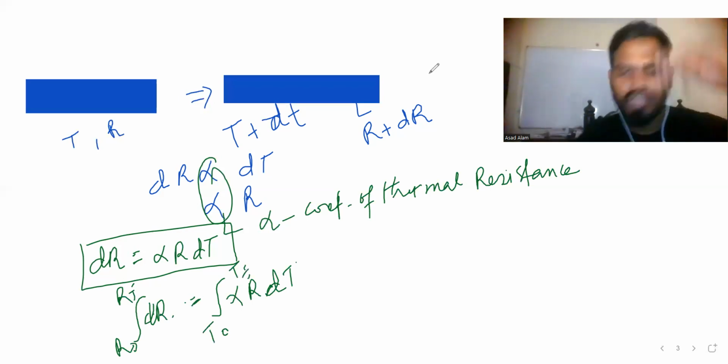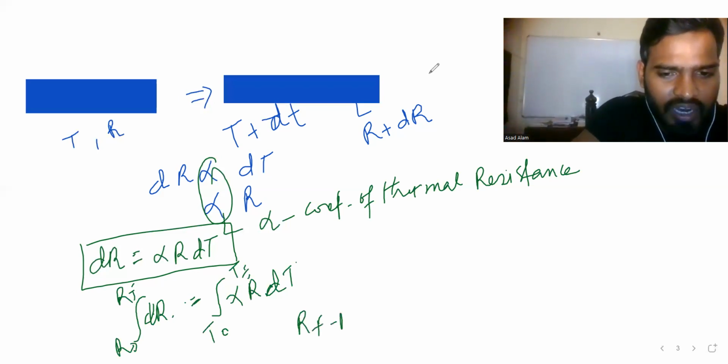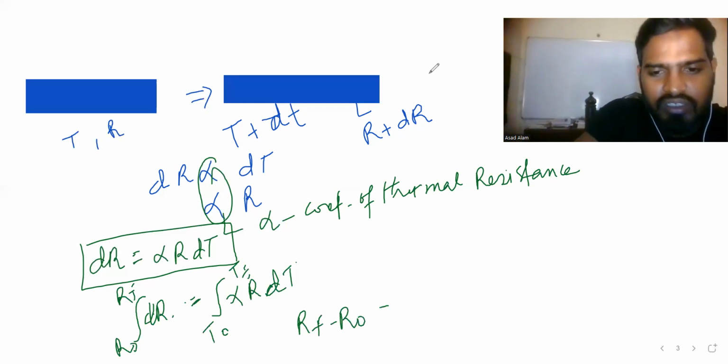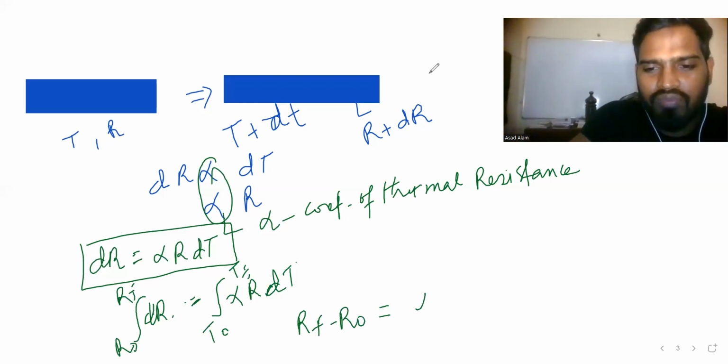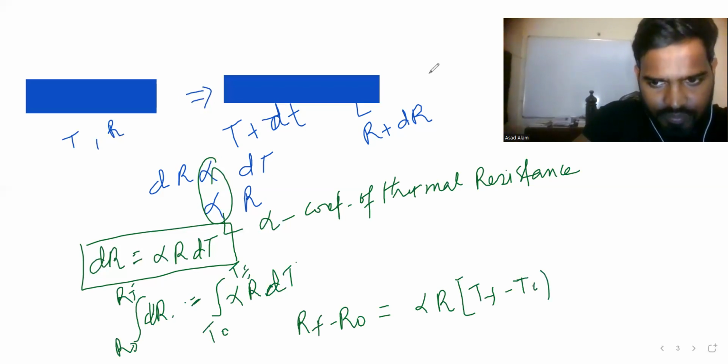Okay, now we'll have to integrate. Dr integration is what? R only, so we can say directly, integrating from r naught to rf. R naught is equal to alpha, r is constant, so we can say T final minus T naught.